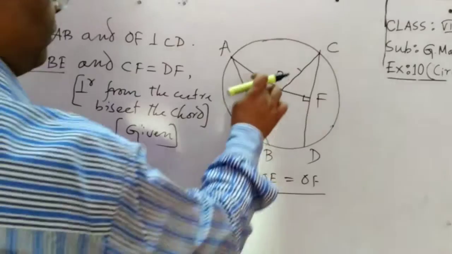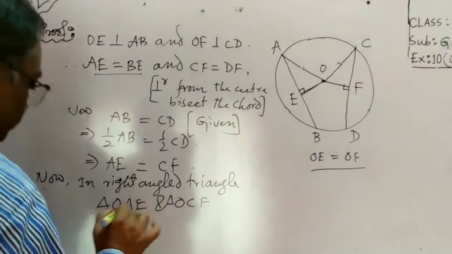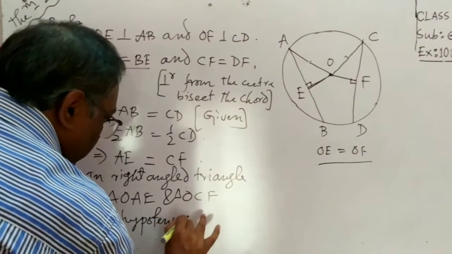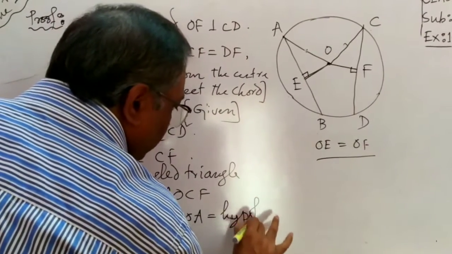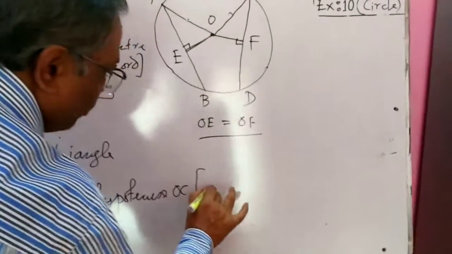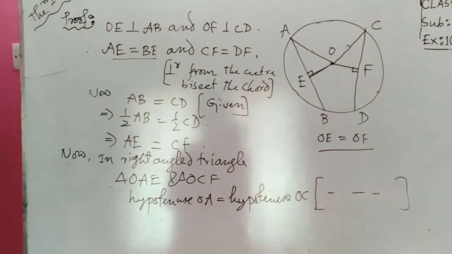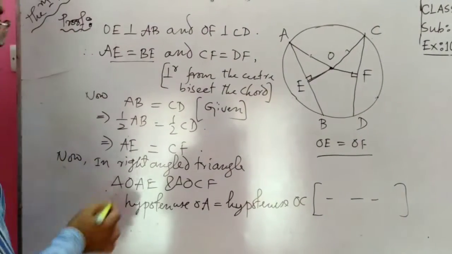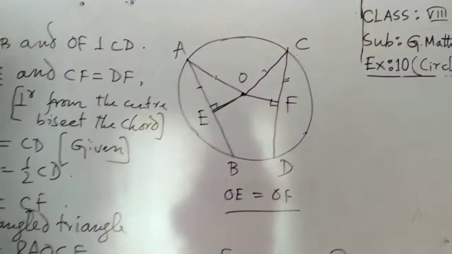OA equals OC, hypotenuse OA equals OC, side note হচ্ছে radius of same circle, and AE equals CF, AE equal to CF.